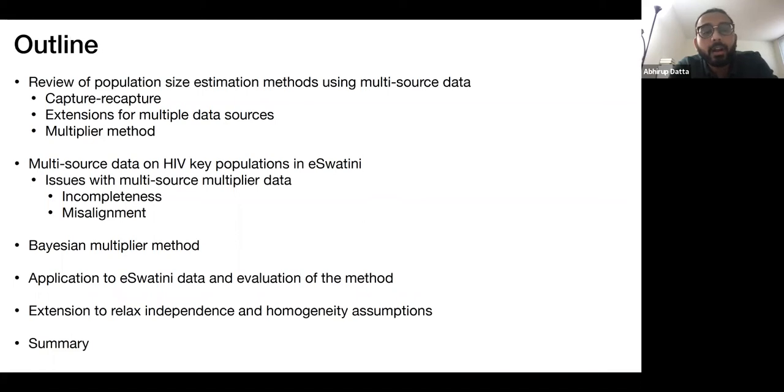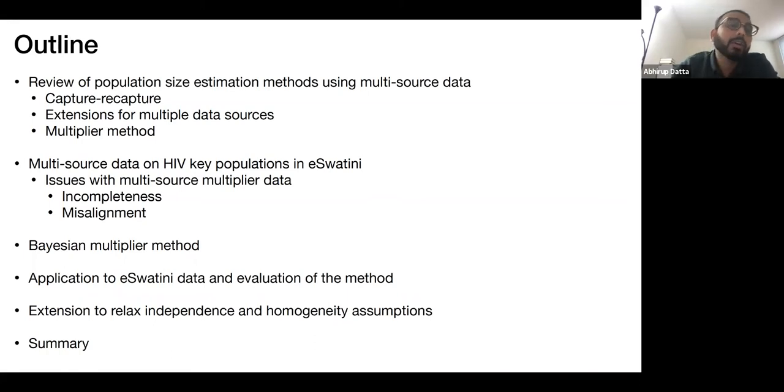In particular, I'll be focusing on the motivating data application from Eswatini, a country which was formerly known as Swaziland. And we'll talk about the different HIV key populations in that country and what are the different data sources and the issues with standard use of the multiplier method for the data.